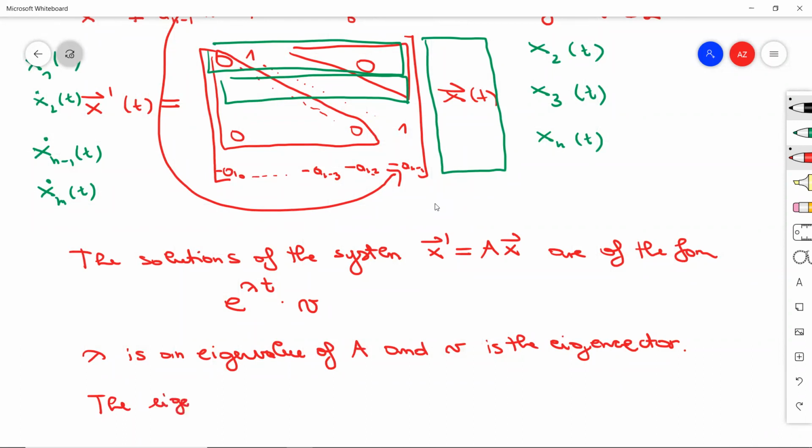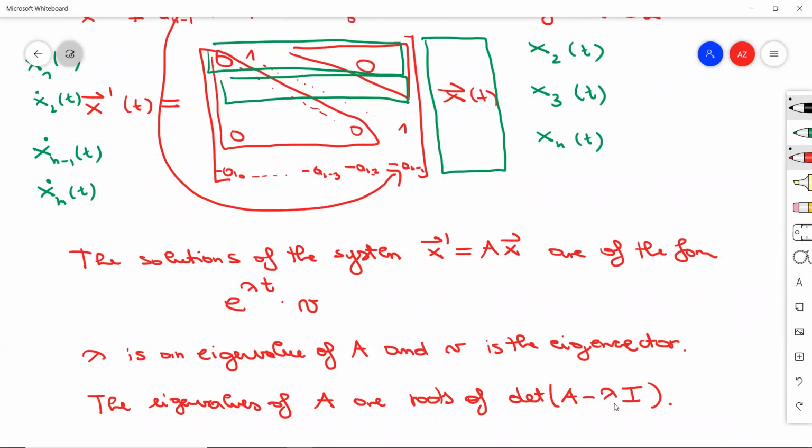The eigenvalues of A are roots of the polynomial determinant of A minus lambda identity. Let's see what this determinant is.